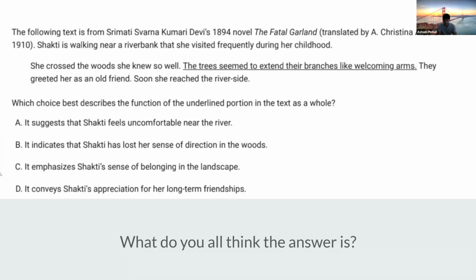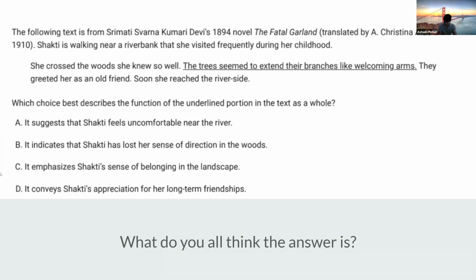But no, and you may see that and be like, oh, this is a long-term friendship, and she surely appreciates that. She doesn't really say though that she appreciates it. You know, she crossed the woods she knew so well. The trees greeted her as an old friend. It never says anything about Shakti greeting the trees or anything like that. But the tonality is positive, and for D it also is positive, so it seems to make sense.